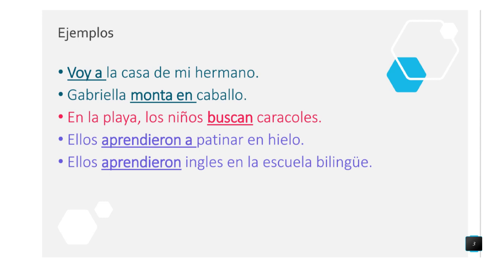The last two examples show the same verb when it needs the preposition a and when it doesn't need the preposition a. So, ellos aprendieron a patinar en hielo, and ellos aprendieron inglés en la escuela bilingüe.